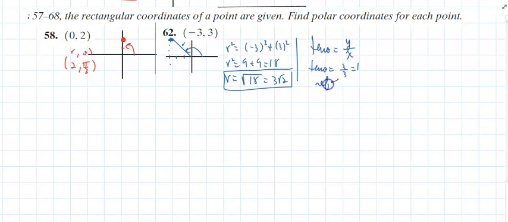And you would say the reference angle, the tan of which angle gives me 1, that's pi over 4. And then you would say in the second quadrant, what is pi over 4 in the second quadrant? That will be 3 pi over 4. So this point actually is the equivalent of r and theta: rotate 3 pi over 4 and move either radical 18 or 3 radical 2, and that would be the match.